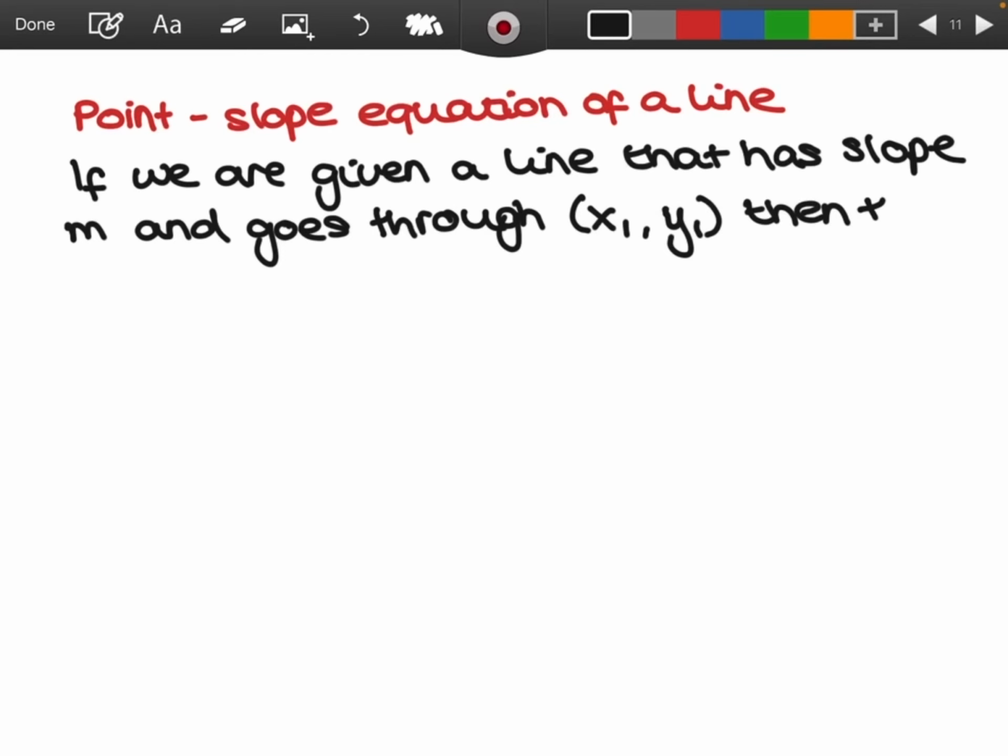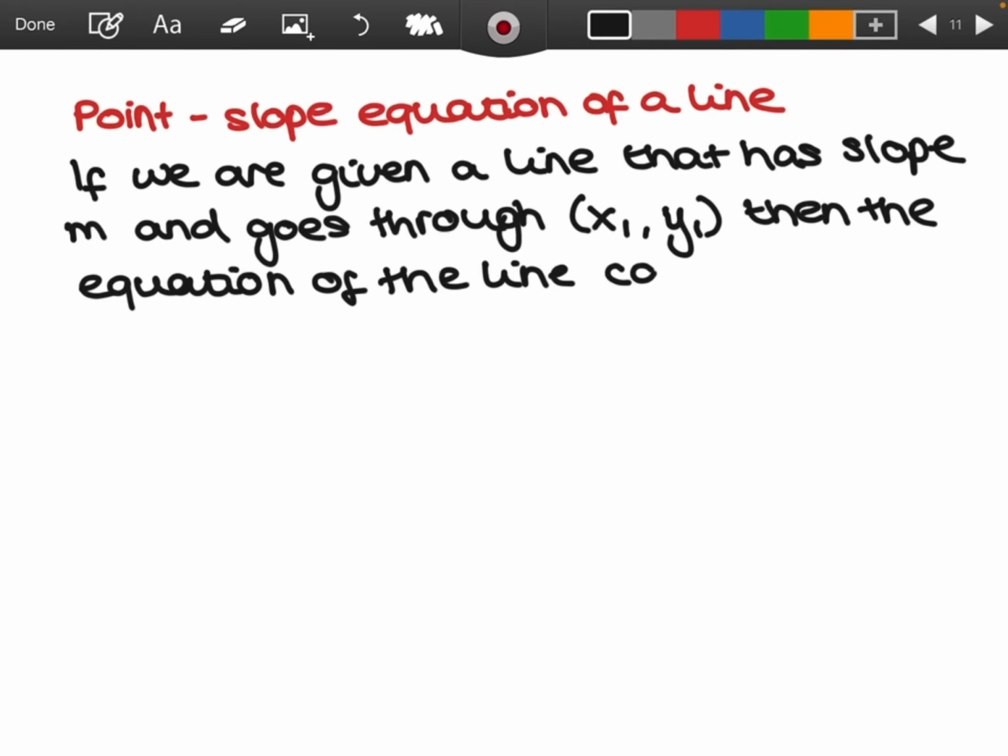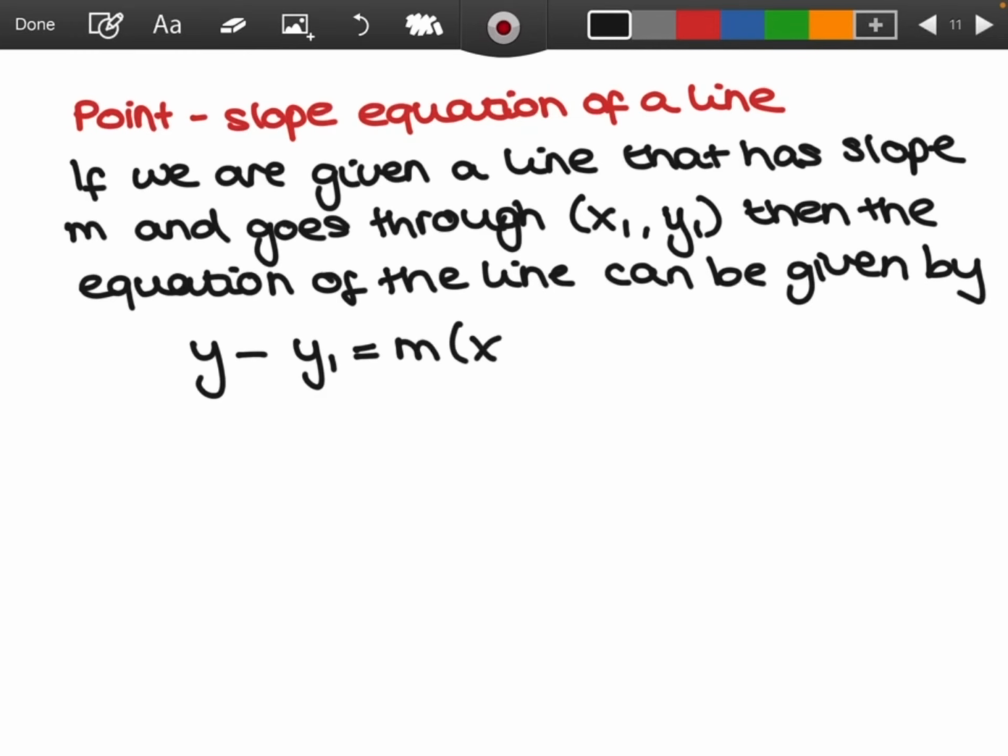Then the equation of the line can be given by, okay, y minus y sub 1 is equal to m times (x minus x sub 1).